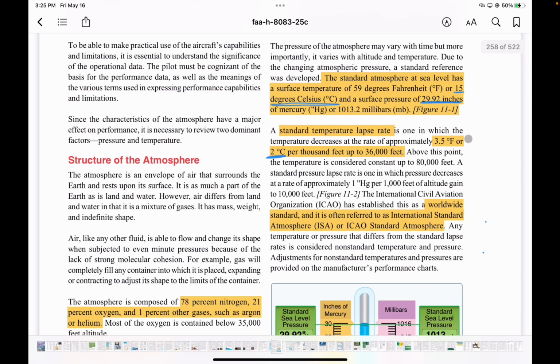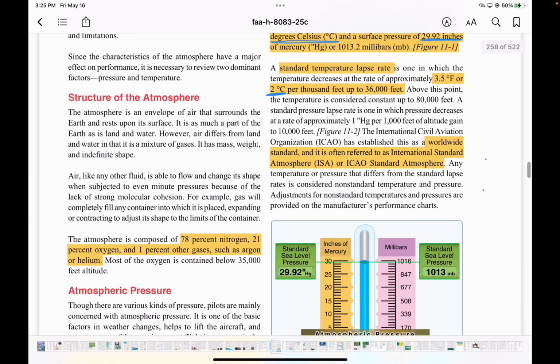Along with the standard atmosphere, there is also a thing called a standard temperature lapse rate. What that means is as you increase in altitude, you also decrease in temperature. So you decrease 3.5 degrees Fahrenheit in temperature for every 1,000 feet you rise.